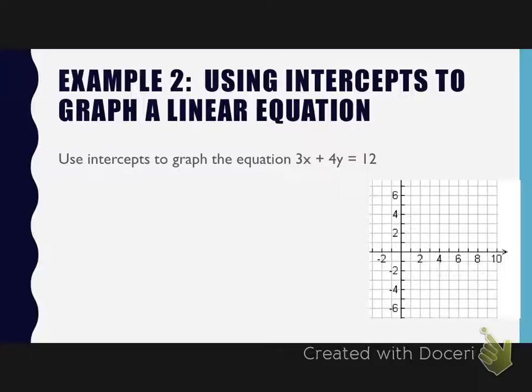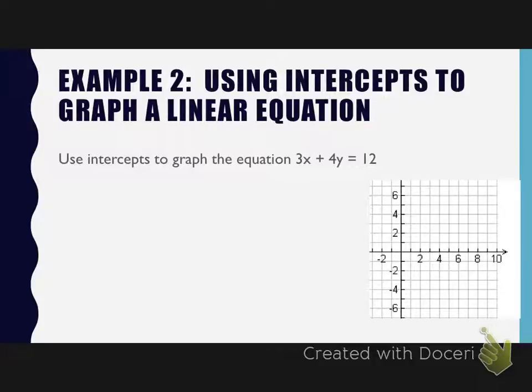So let's look at our example 2 and how we could do that. Use the intercepts to graph the equation 3x plus 4y equals 12. To find the x-intercept, we're going to put 0 in for y.